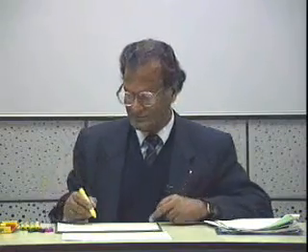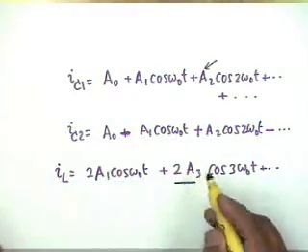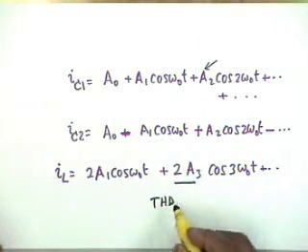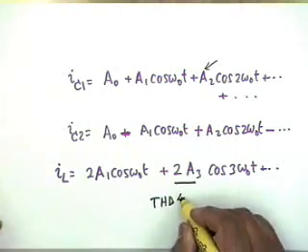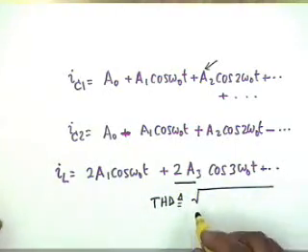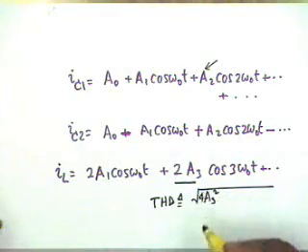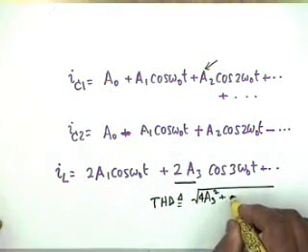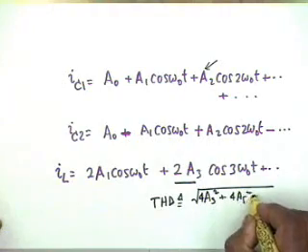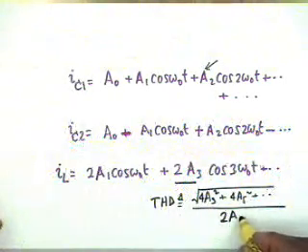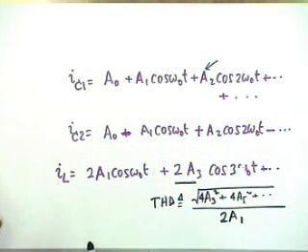Therefore class B only retains third and higher harmonics, which means that the THD, total harmonic distortion, would be square root of 4A3 square plus 4A5 square and so on, divided by twice A1. Agreed? This 4, 4 and 2 could be cancelled out.